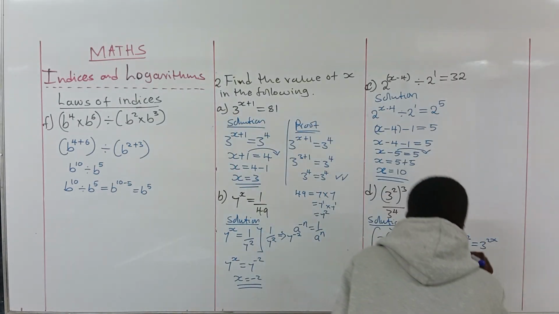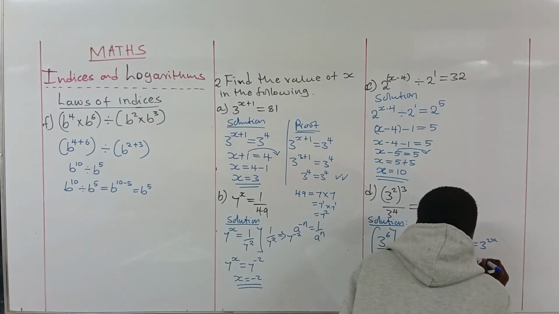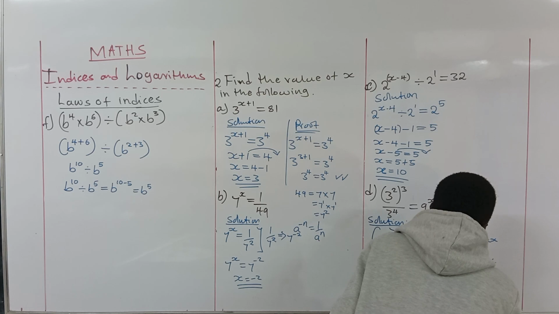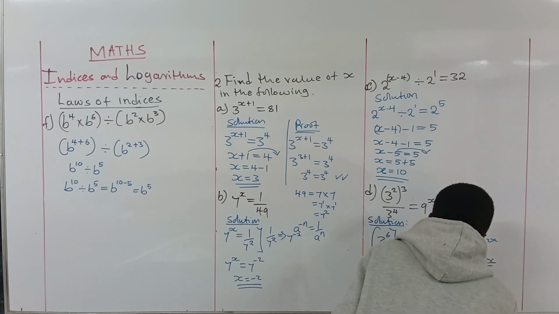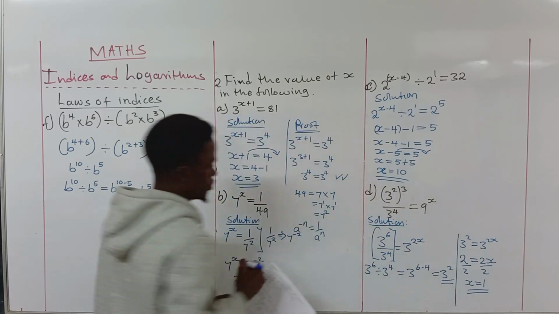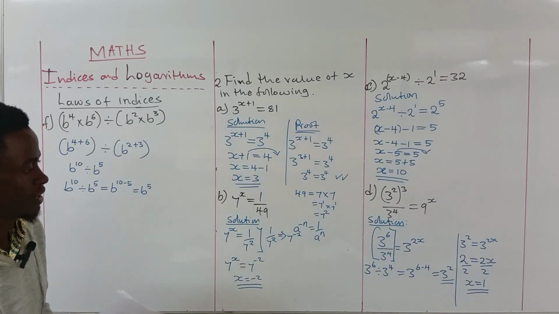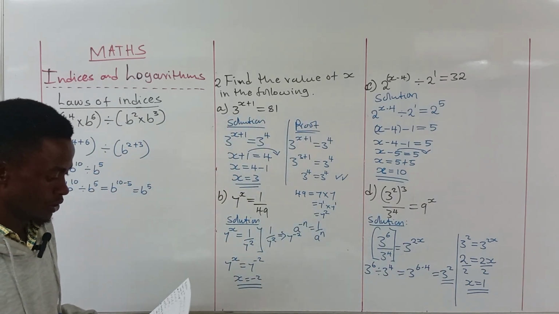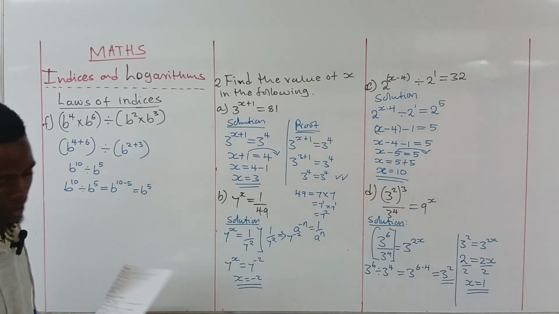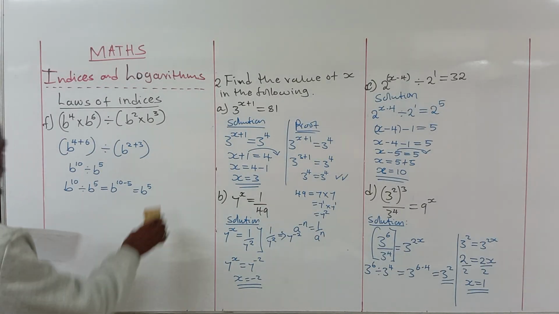So it's going to be 2 is equal to 2x. So what is the value of x? Divide by 2, divide by 2. Our x is equal to 1. The value of x is going to be 1.